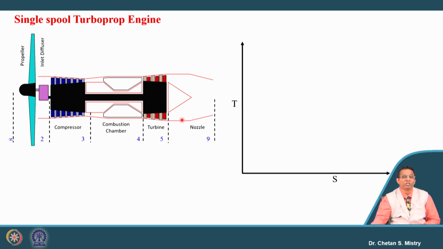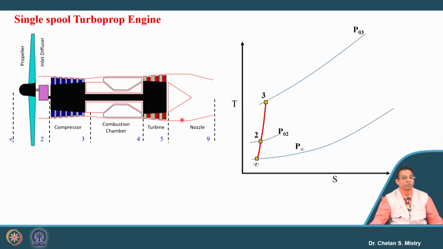So let's try to understand this process or cycle on the T-S diagram. Here we have atmospheric pressure, from where the air goes inside the intake, and this represents the actual intake process, which is followed by the compressor.